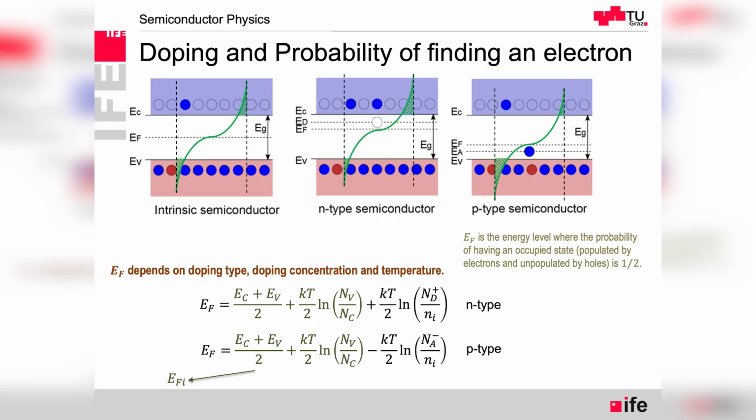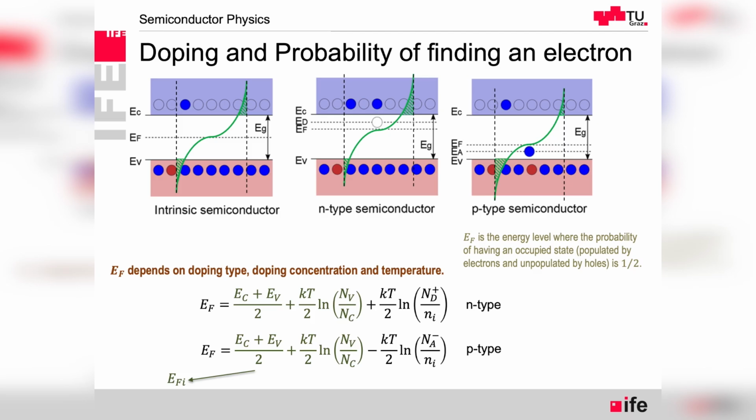In the case of the n-type semiconductor, it's more probable to find electrons. So this function shifts, let's say, to the right, upwards.